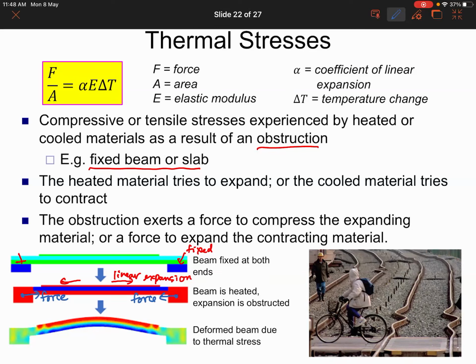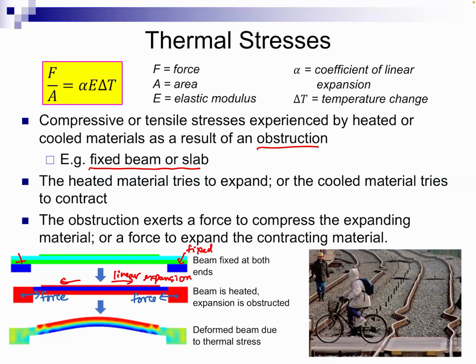At these ends where it's fixed, the force from the fixture will oppose or obstruct the expansion of the beam as it's heated up. So as a result of that obstruction, and there's nowhere else for the expansion to go, the result is the deformation of the fixed beam, as you can see here.